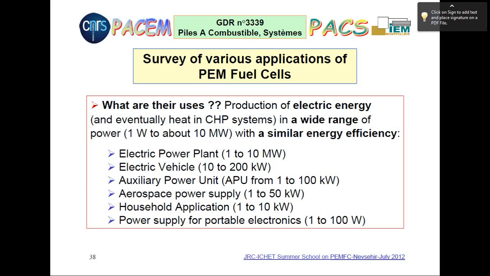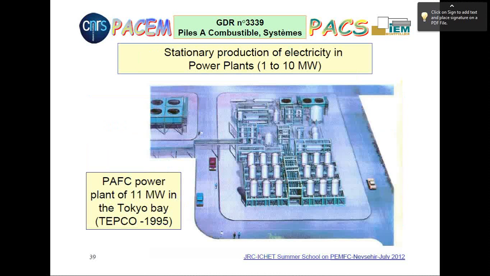Is there any known example of a megawatt plant? Until now, with the PEM, the largest experimental fuel cell was the phosphoric acid fuel cell, which was experimented by TEPCO.